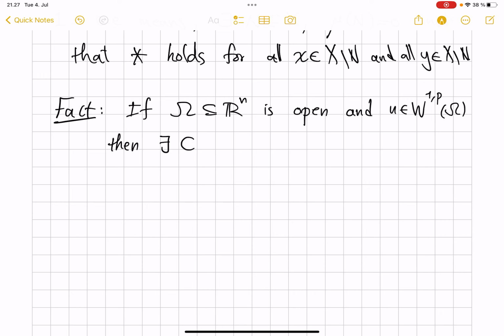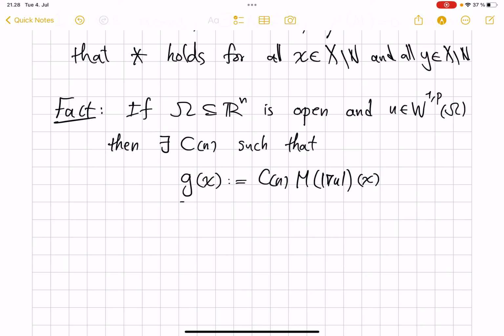there is a constant which only depends on n, such that g(x) defined by C_n times the maximal function of the gradient of u, this is again the classical gradient, you take the absolute value, it's a real valued function, now you take the maximal function and then you evaluate it at the point x, so that gives you your function g(x).